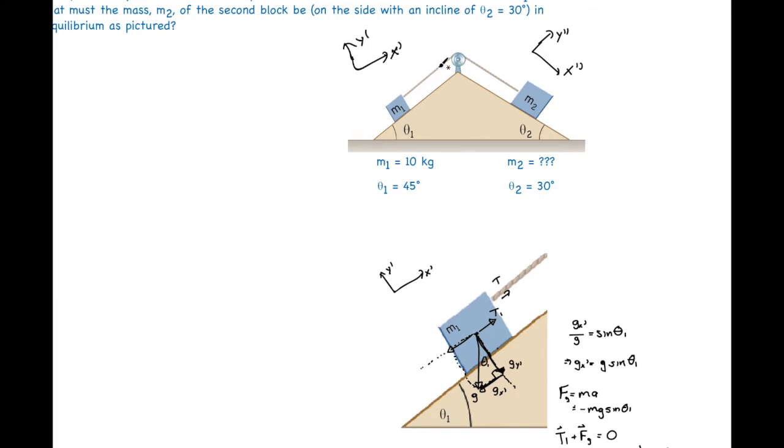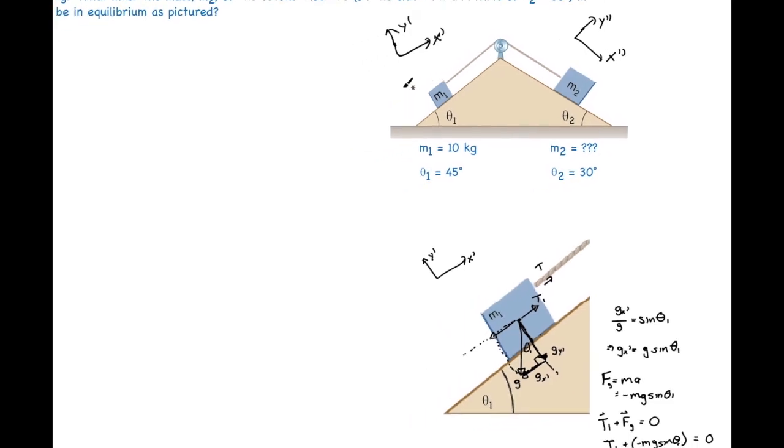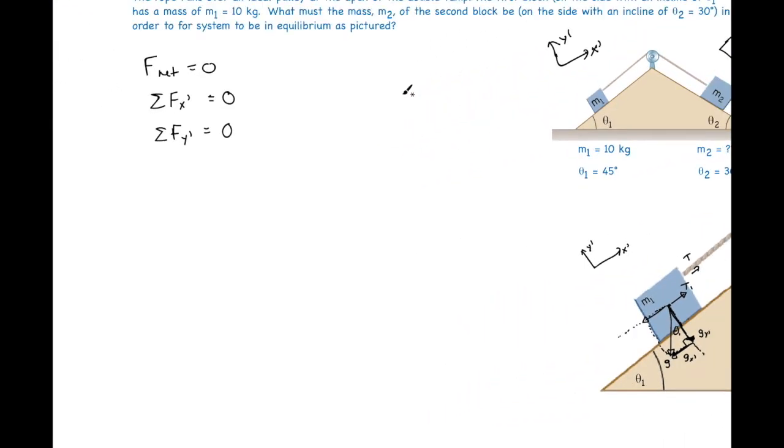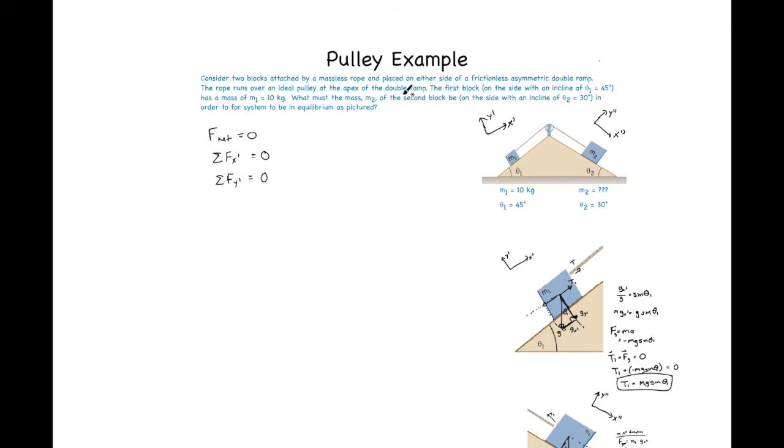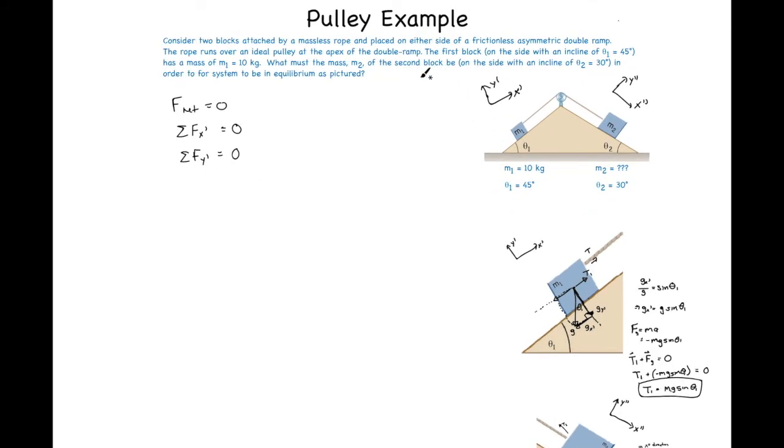And we know that this pulley only redirects the angle of the tension. It doesn't actually change the magnitude of the tension. So that means the magnitude of T1 has to equal the magnitude of T2. So we can write that out now. Bringing all this together, the magnitude of T1 is equal to the magnitude of T2.